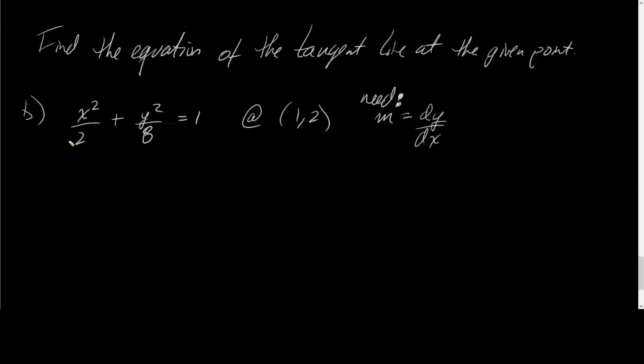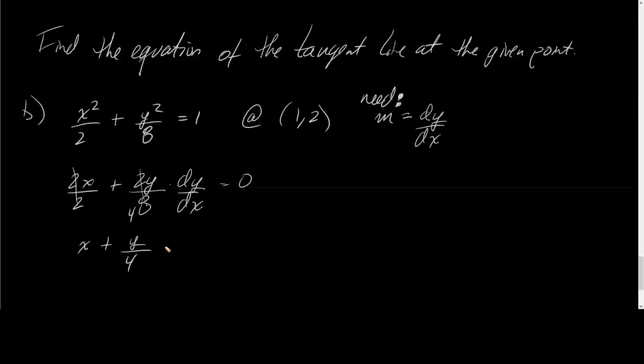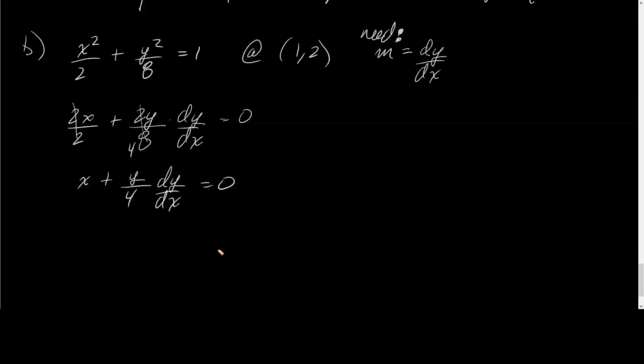So the derivative of x squared over 2 is 2x over 2, plus the derivative of y squared over 8, 2y over 8 times dy dx, and the derivative of 1 is 0. So reducing here, we end up with x plus y over 4 times dy dx is equal to 0.